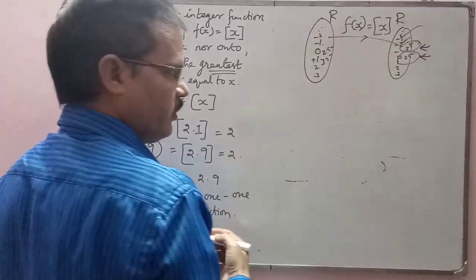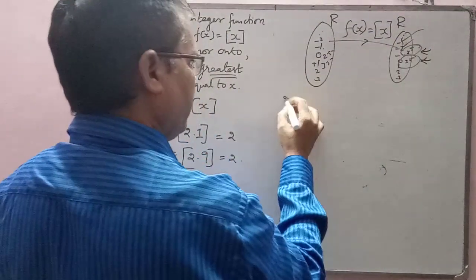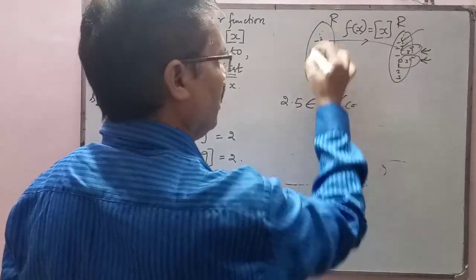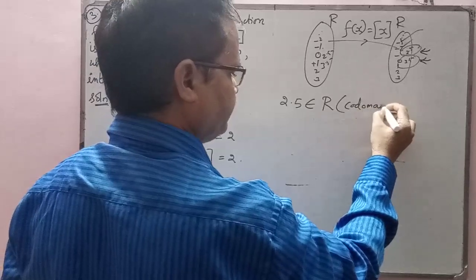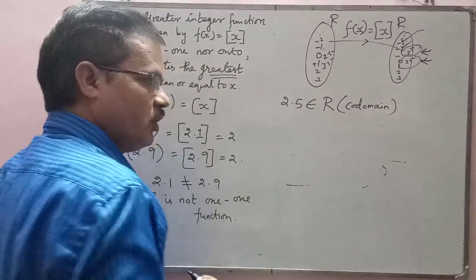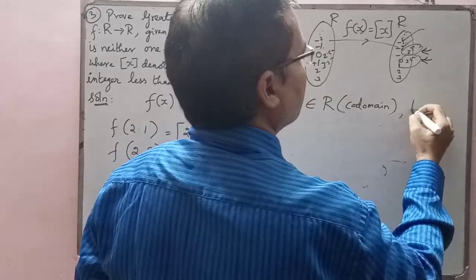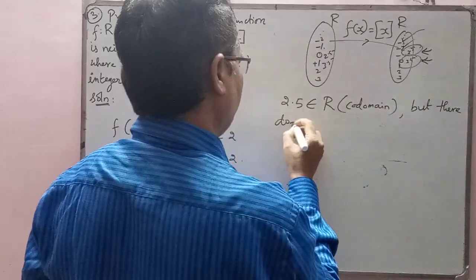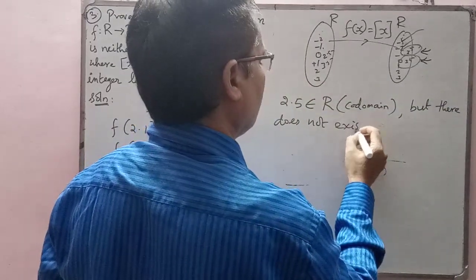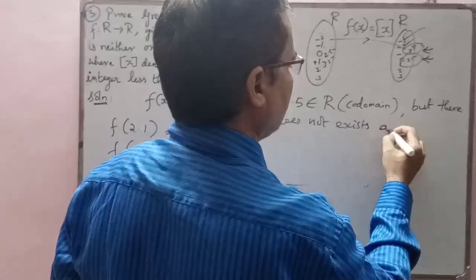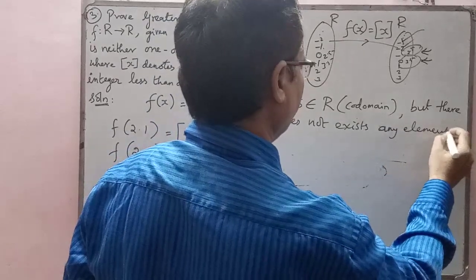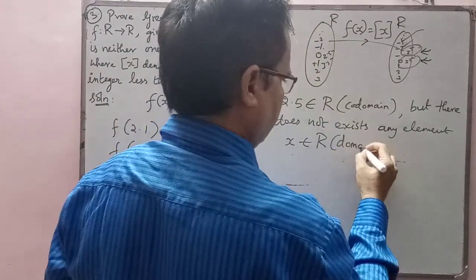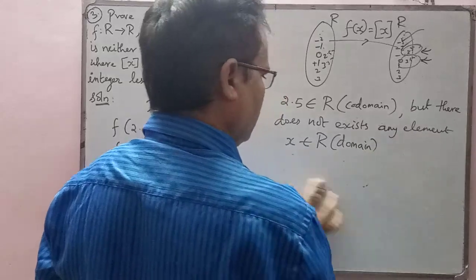So choose any one number from that. Let me choose 2.5 from the codomain. So 2.5 belongs to R, here I mean the codomain.